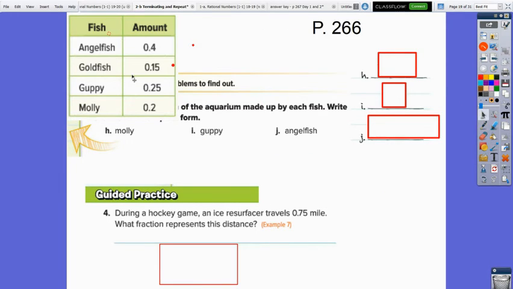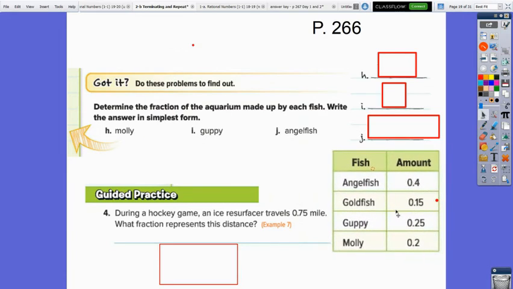Here is the table from page 266 of fish decimals. And it's saying, okay, what are the fraction equivalents of these decimals for the molly? 0.2 is 2/10. That can be simplified to 1/5. The guppy is 0.25. This is one you should know.